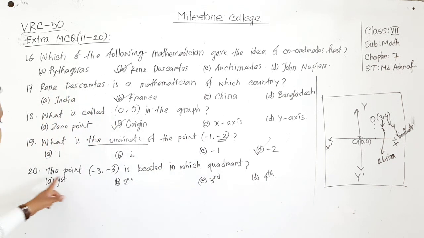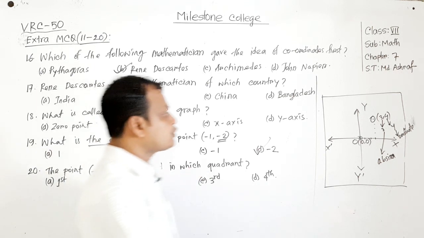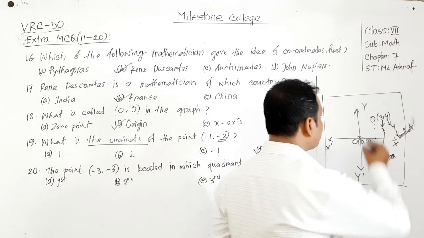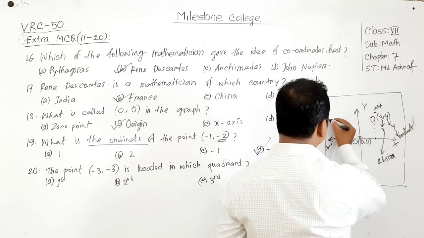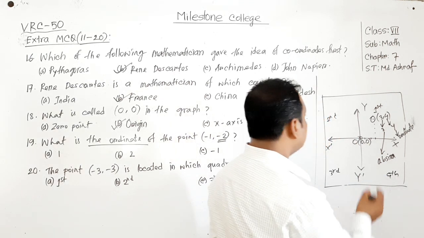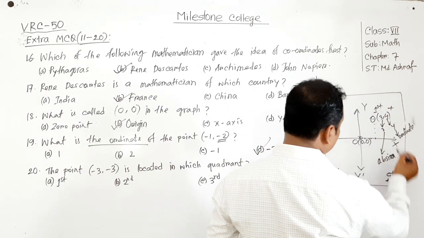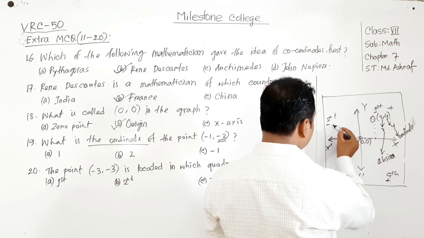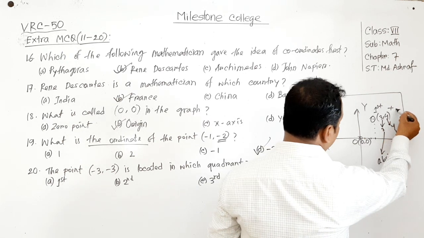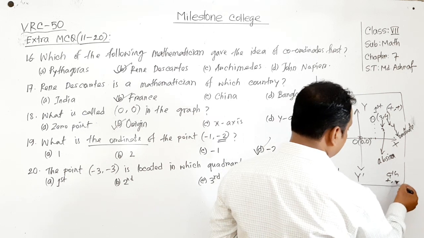Okay, then the last one: the point (2, -3) is located in which quadrant? Look here. When we have two mutually perpendicular lines, we get four parts. This one will be first, this one second, this one third, this one fourth. In the first and fourth quadrants the value of x is plus, and on the left side it is minus. On the upper side the value of y is plus, and on the lower side it is minus.